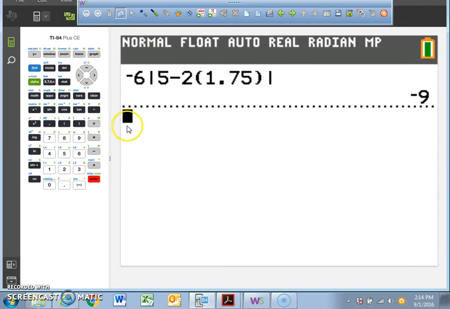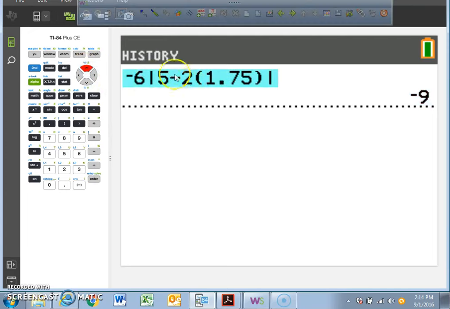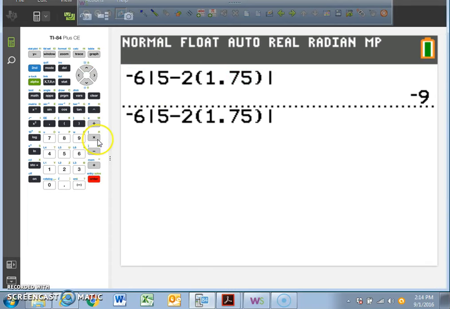Now, a cool feature of this calculator is you have the ability to hit this up arrow, go up to where your history is, select that whole thing, press enter, and you have it again. Well, that's going to help me because I'm going to type in our other possible answer, which was 3.25. Get my parenthesis there on the outside.